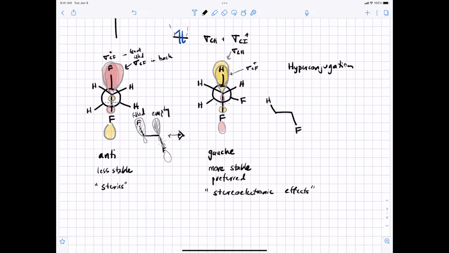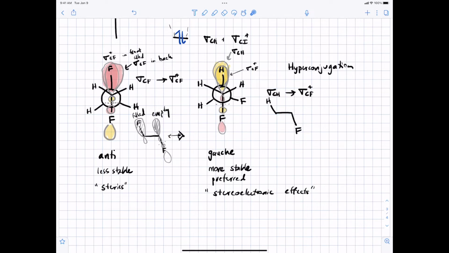Now, which of these two situations, sigma CH to sigma CF star versus sigma CF bonding orbital to a sigma CF star, which of those situations is better?